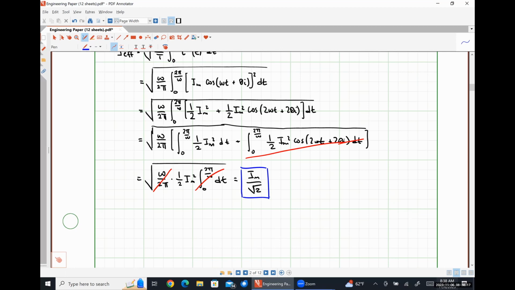The effective value is the same everywhere for a sinusoidal signal. It also is independent of phase angle. There is no theta I or theta V in here, so it does not matter when we start measuring. Our effective value is simply the magnitude divided by root 2.